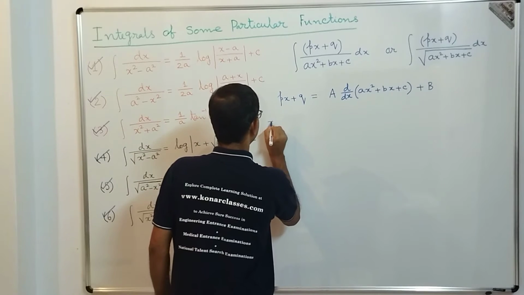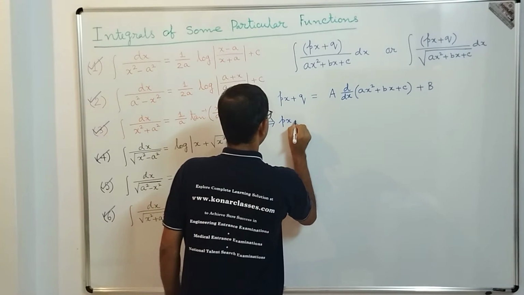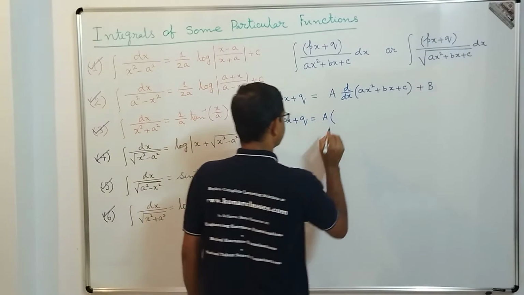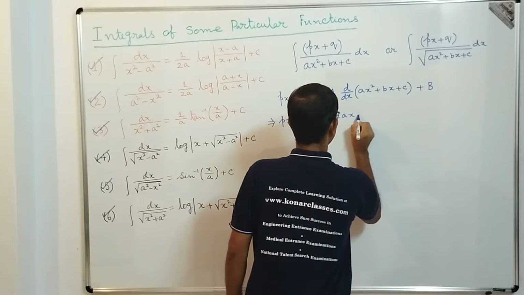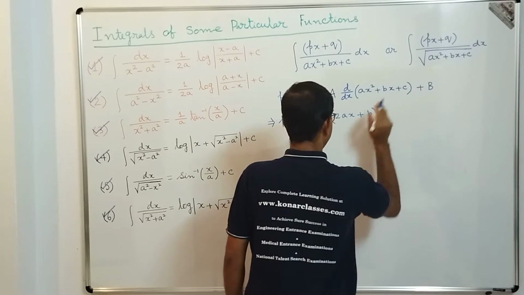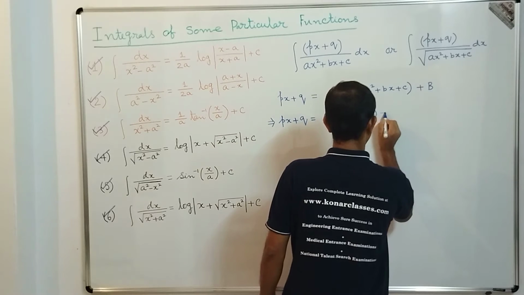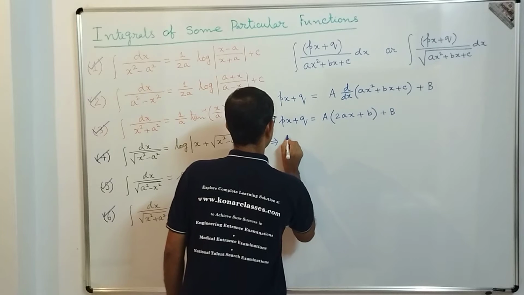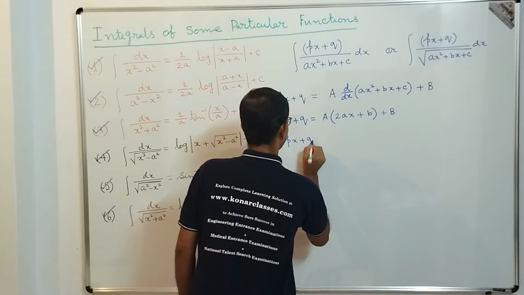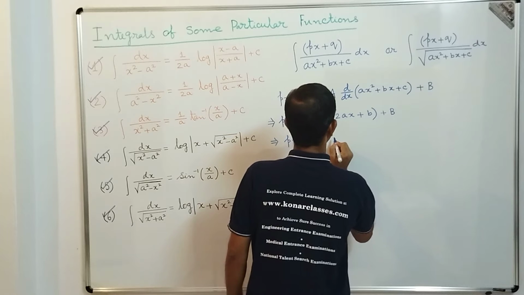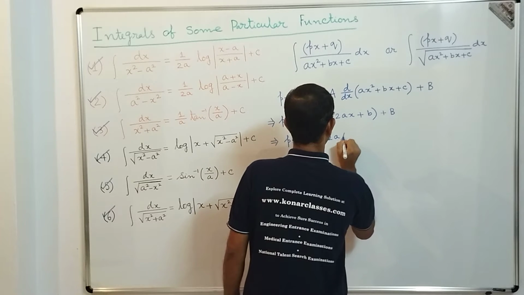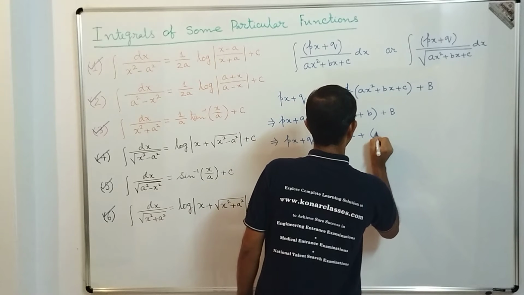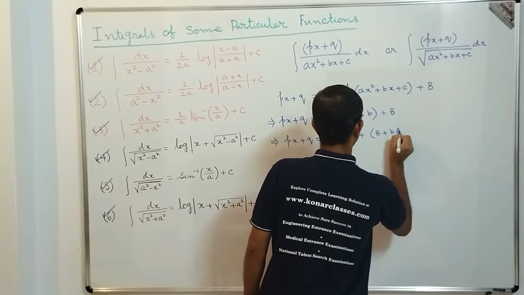What we can do here is say px plus q is equal to A into d/dx of (ax square plus bx plus c). d/dx of ax square becomes 2ax, d/dx of bx is b, and d/dx of c is 0 because it is a constant, plus here we get B. So px plus q is equal to A into (2ax plus b), plus B.